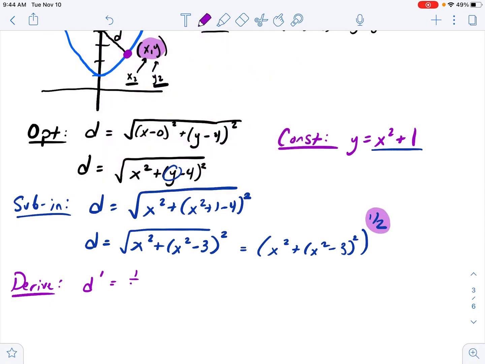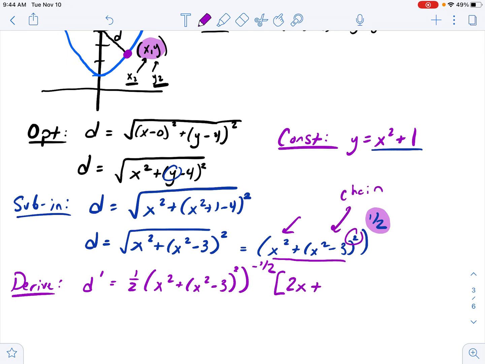And we're going to get 1/2, leave the inner quantity alone. Now the negative 1/2 power. Now we multiply by the derivative of the inside. So that's going to be 2x, and now another little chain right here, okay? 2, leave the quantity alone to the first, derivative of the inside is another 2x.